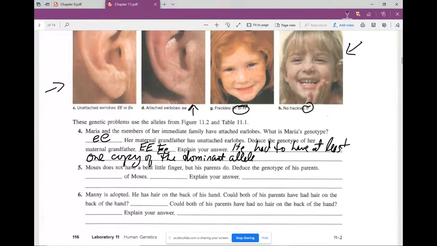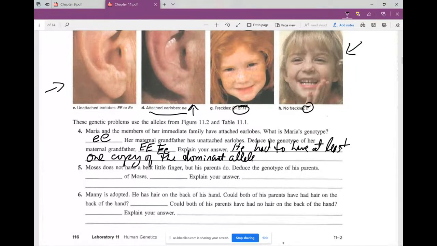All right, so her maternal grandfather has unattached earlobes, but her mom has the recessive condition.